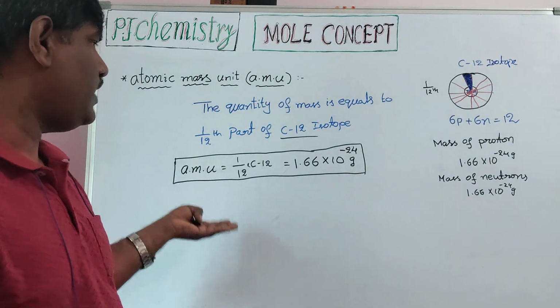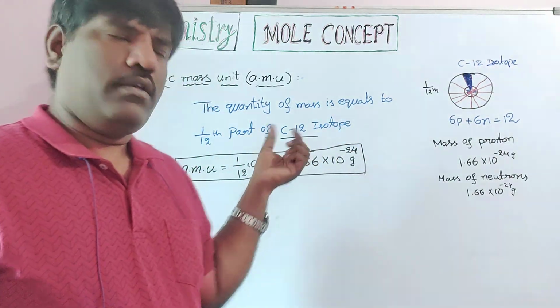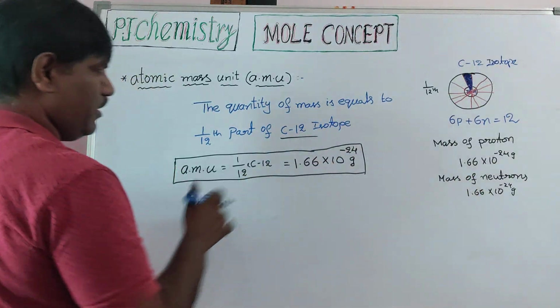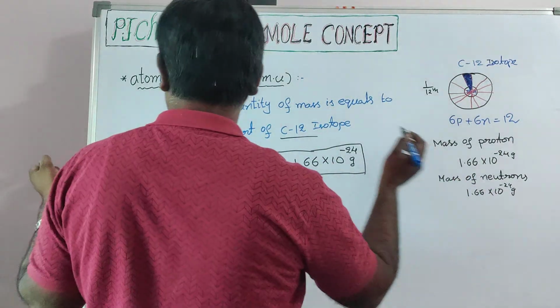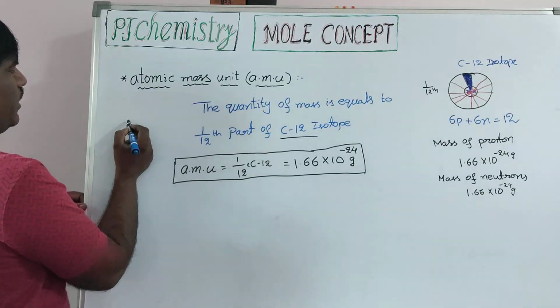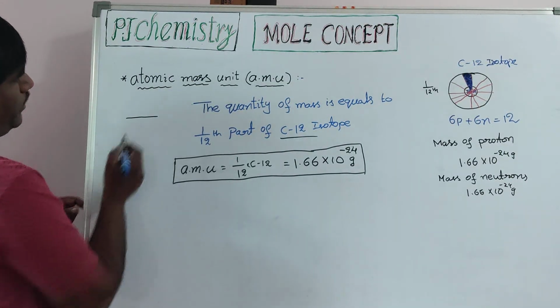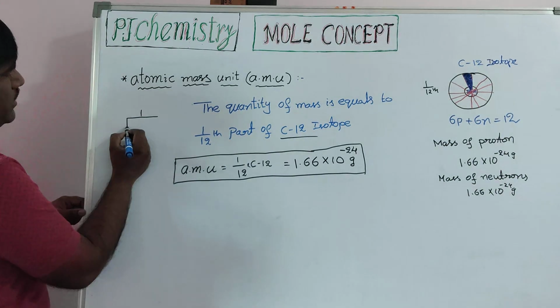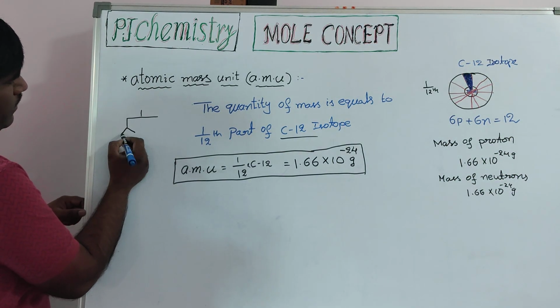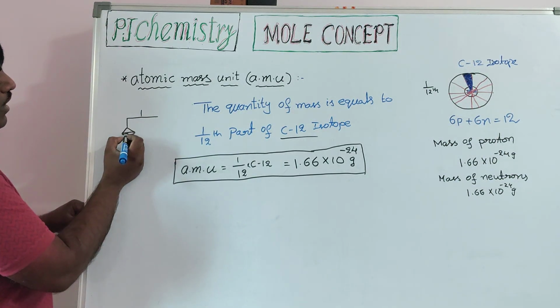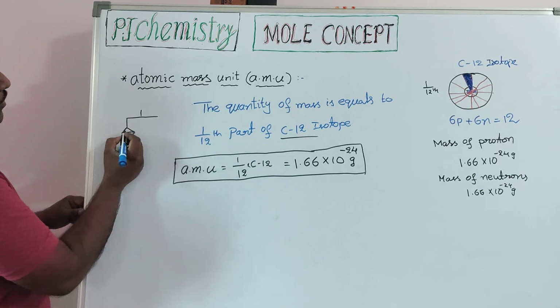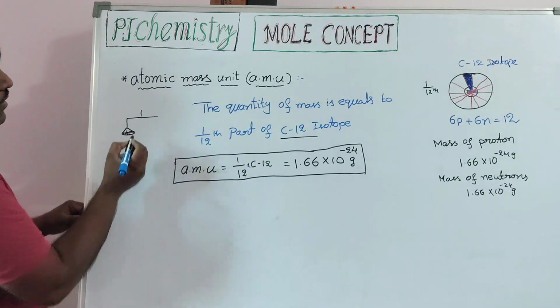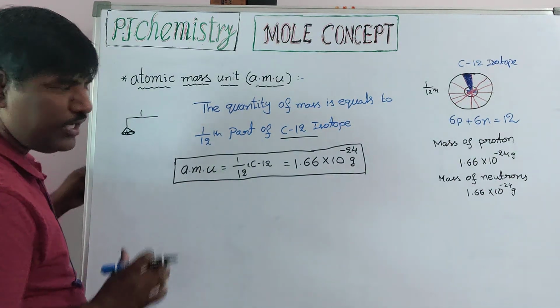So, when we are balancing another element and carbon 12 element, this is a simple balance if you consider just a rough diagram. One side, we are using carbon 12, 1 by 12th part, which is nothing but 1 AMU. 1 AMU is nothing but how much?